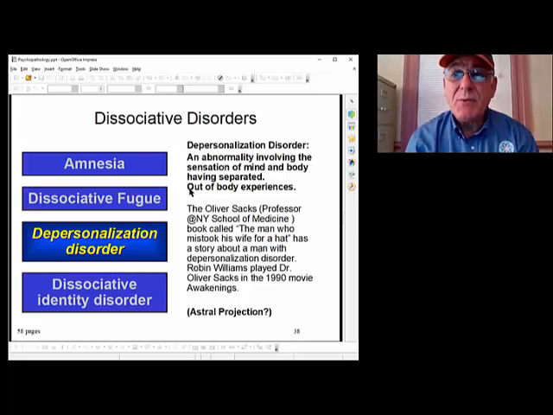And so he had to give them more and more, bigger and bigger doses, until finally they just didn't respond anymore and they went back into their comas. And there's a movie, Robin Williams played Dr. Oliver Sacks in a 1990 movie called Awakenings, if you ever get a chance to see that movie. It's a fabulous, fabulous movie.